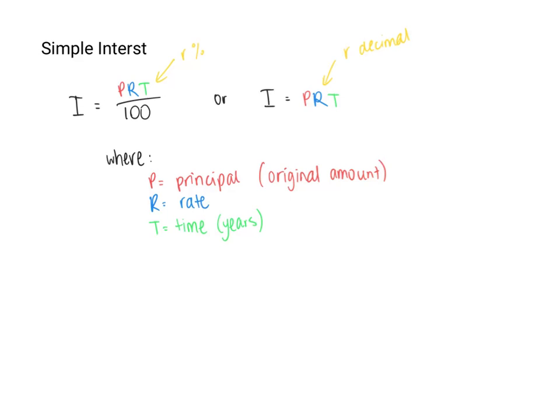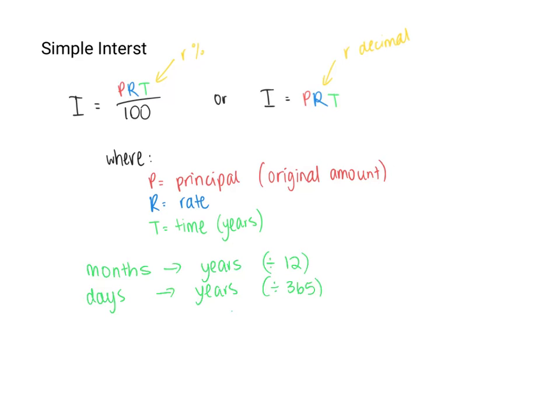So we need to make sure a few things, that time is in years. Remember the simple conversions. If we have time in months, to get months to years, we divide by 12. If we need to do days to years, we divide by 365.